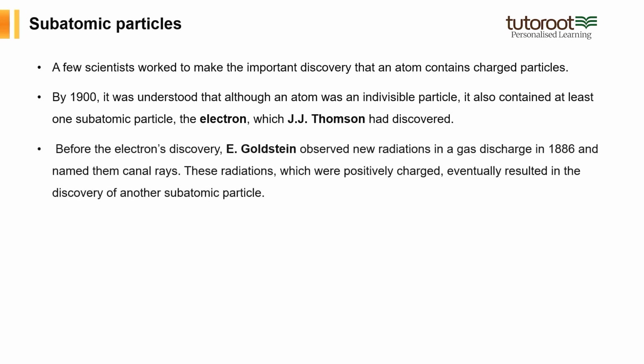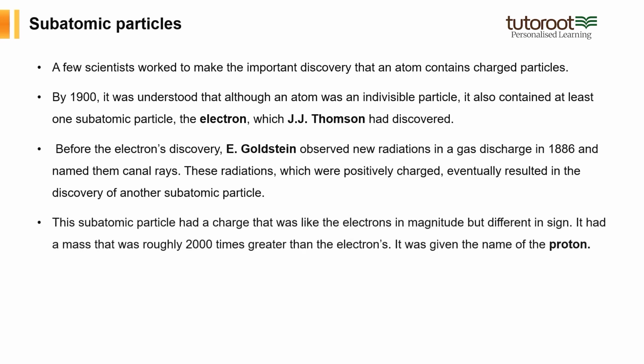Before the electron's discovery, E. Goldstein observed new radiations in a gas discharge in 1886 and named them canal rays. These radiations, which were positively charged, eventually resulted in the discovery of another subatomic particle.